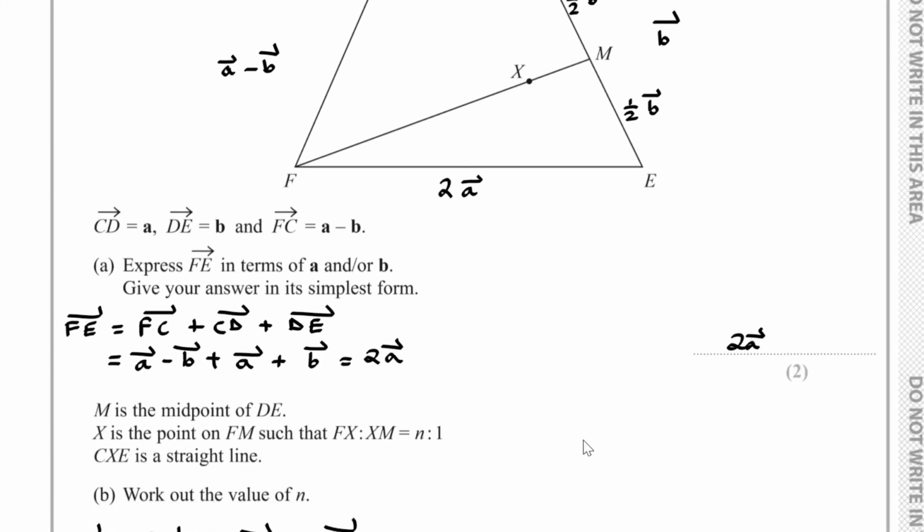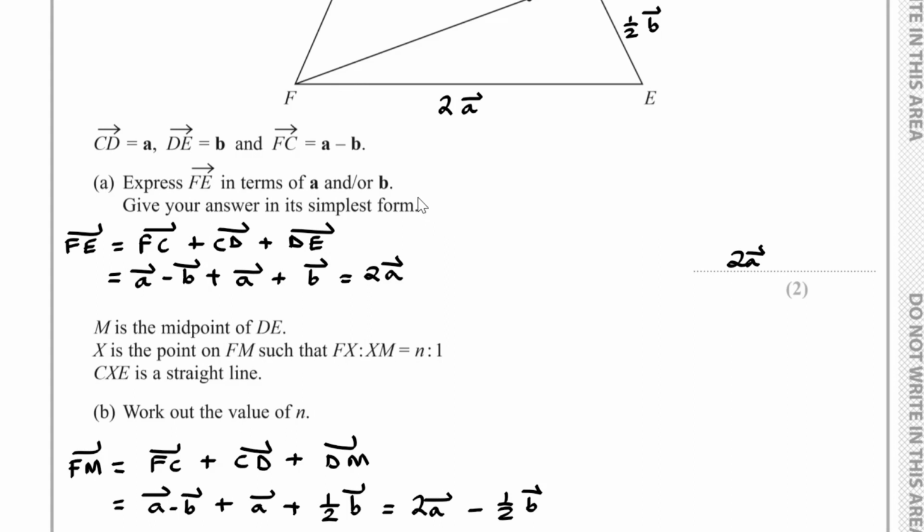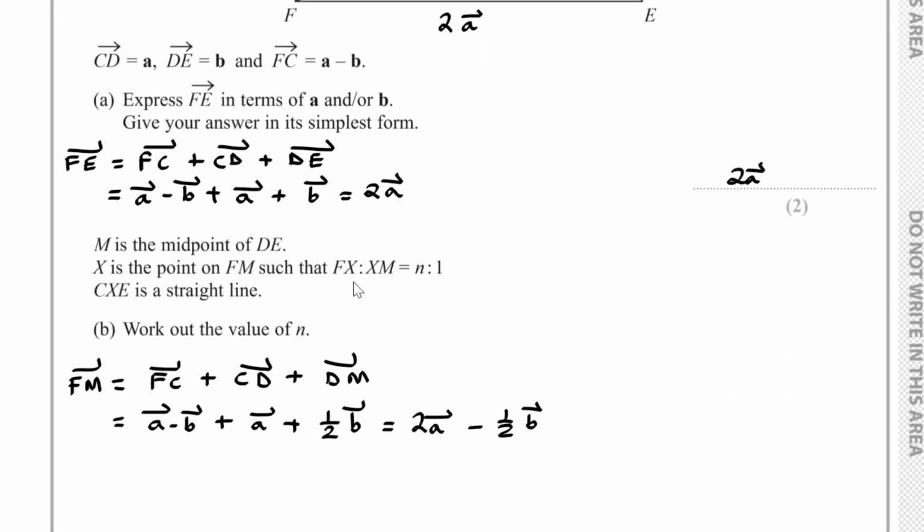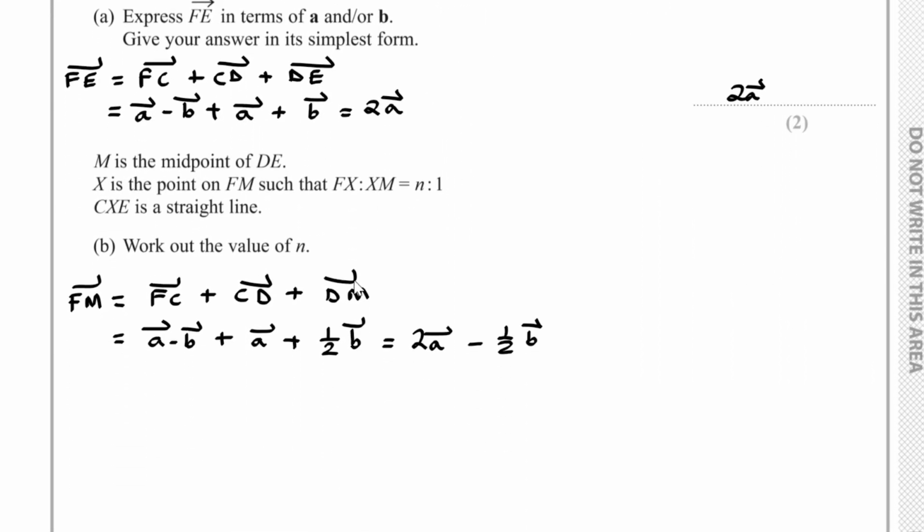Okay, now FX, we can also work that out using the ratio over here. We have n plus 1 parts in total, and FX is therefore n over n plus 1 lots of FM.